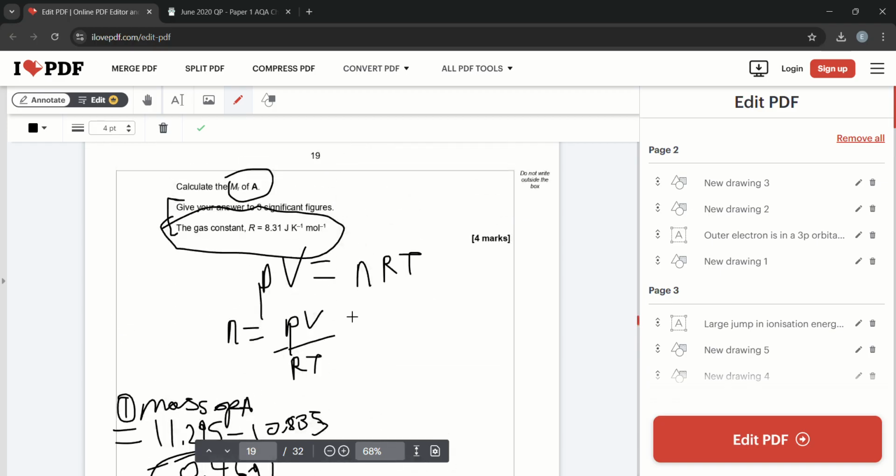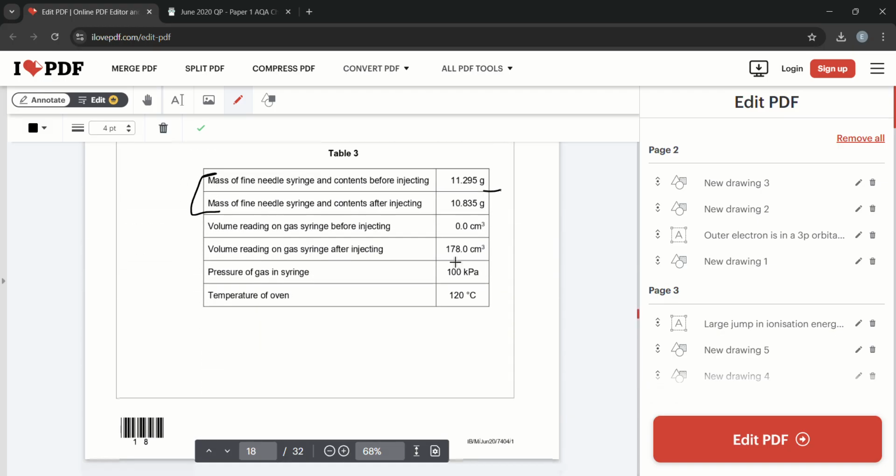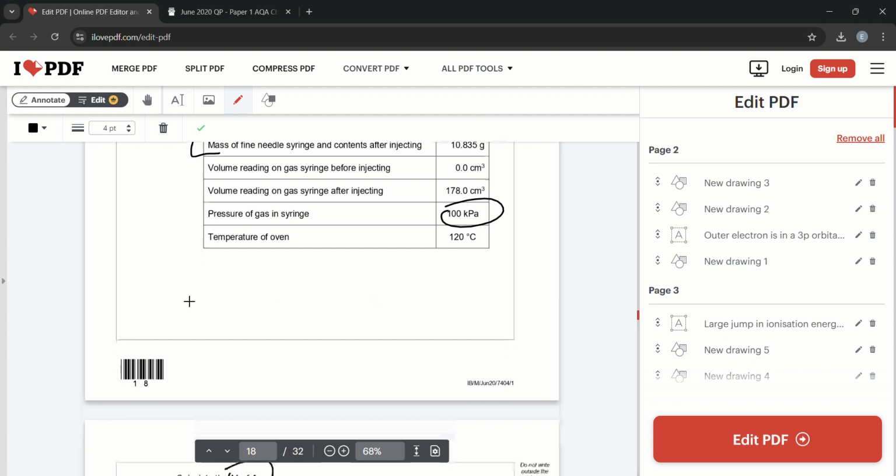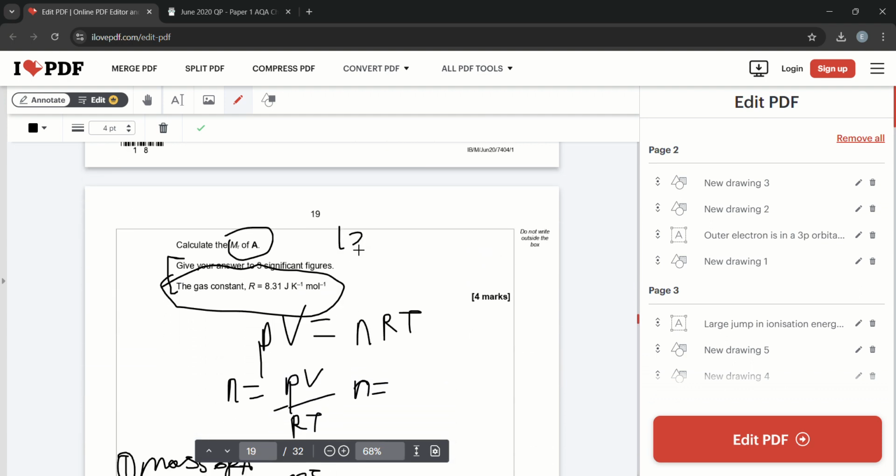Now I'm going to need to do a bit of calculation. The number of moles, n, is equal to pressure in pascals. The pressure is in kilopascals, so we need to show the conversion: times by 1,000, so it's 100,000 pascals, times the volume.